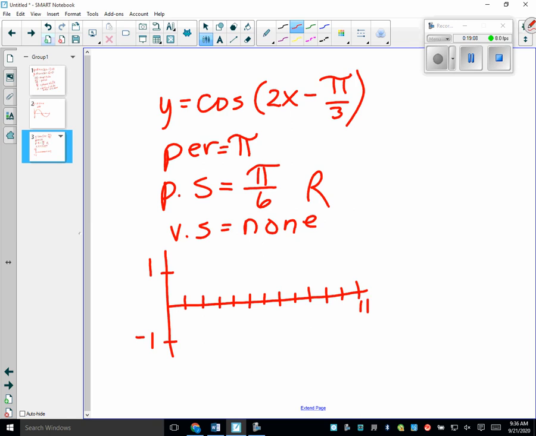So this must be pi, and this is pi over 12, because that's my scale. Now, you all have to help me. I don't have a calculator in front of me. Now that it's hitting our tick marks, when x is 0, what is y?